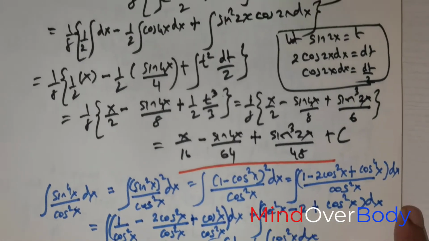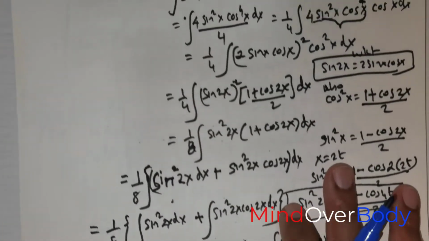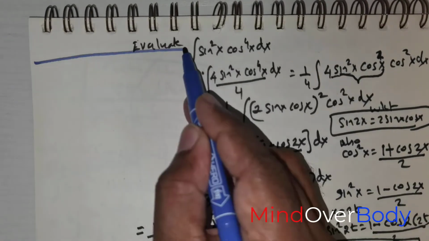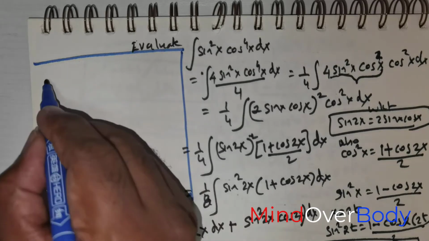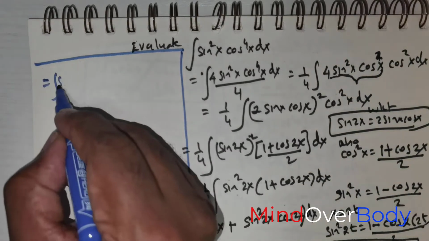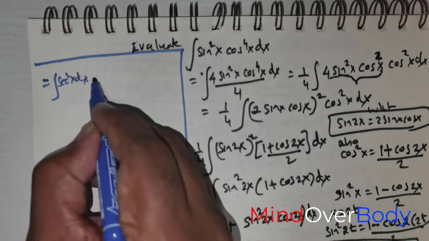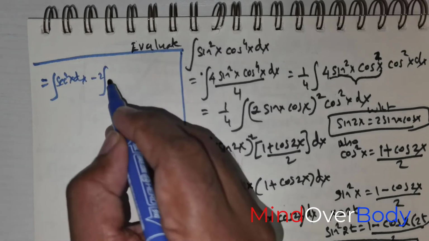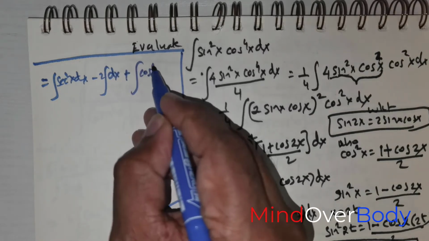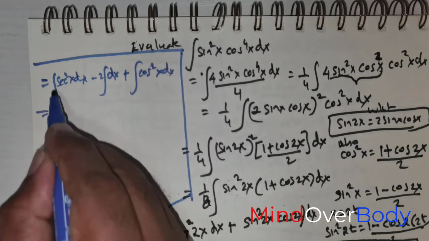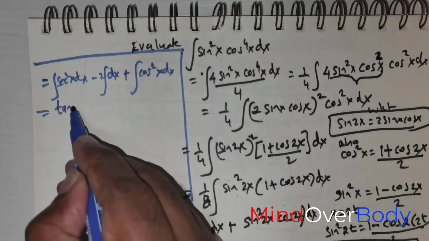So now what I'm going to do is I would like to use this space here. Okay. So we are expected to integrate this integral secant squared x dx negative 2 times integral dx positive integral cos squared x dx. Now integral of secant squared x is going to give me tan x.